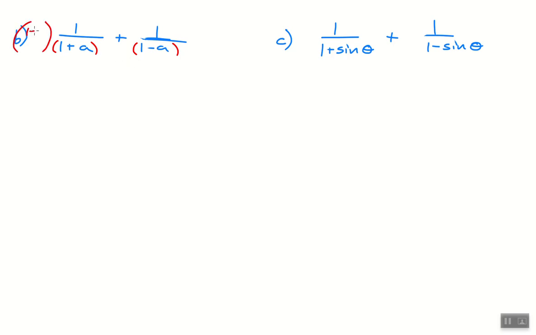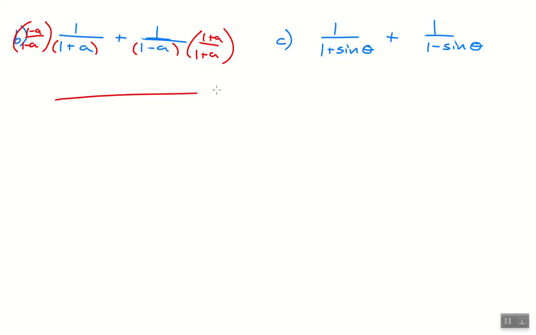Am I allowed to multiply by this if I want? Okay, that makes my denominator 1 minus a, 1 plus a. What do I have to multiply this one by to do the same thing? Let's just multiply by the other denominator, 1 plus a over 1 plus a. And let's just see where this shakes out.